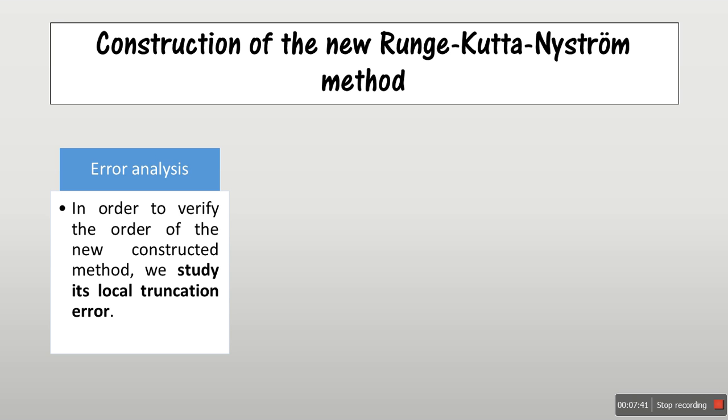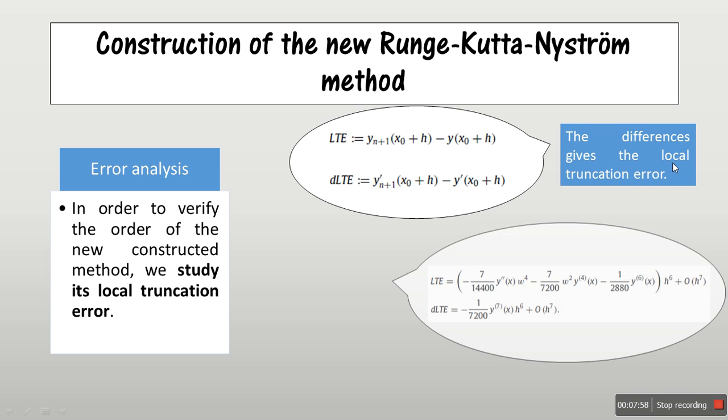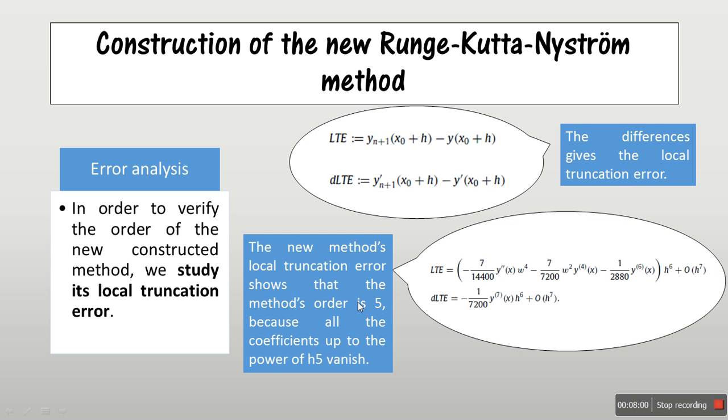And for error analysis, in order to verify the order of the newly constructed method, we study its local truncation error. So LTE here stands for the local truncation error, and it is the difference of the new value and the old value. So the difference gives the local truncation error. The one below is the new method's local truncation error.